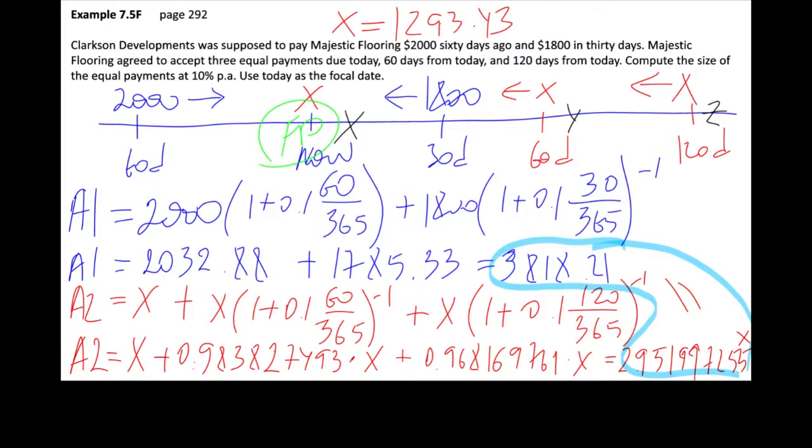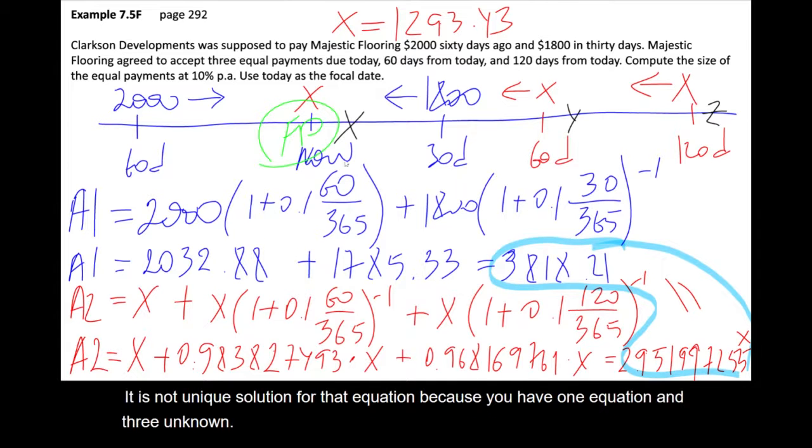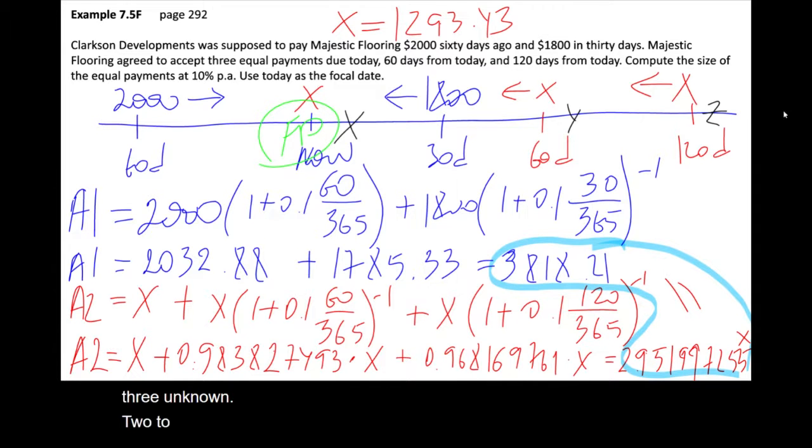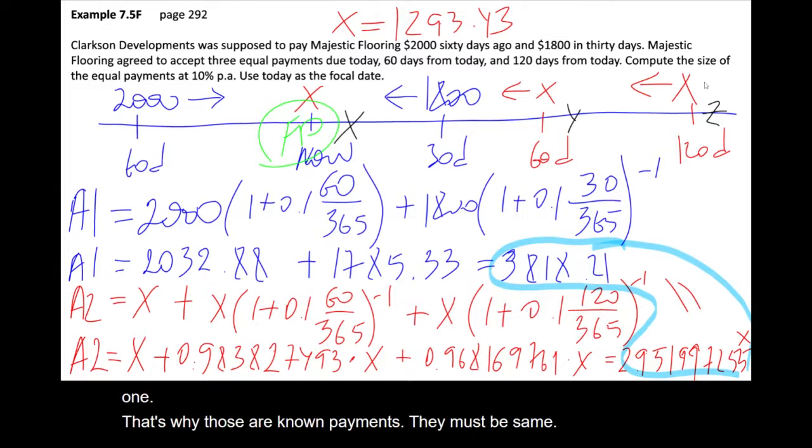Well, it is not a unique solution for that equation because you have one equation and 3 unknowns. To actually find a unique solution, you need 3 equations, and we have only one. That's why those unknown payments must be the same or related.